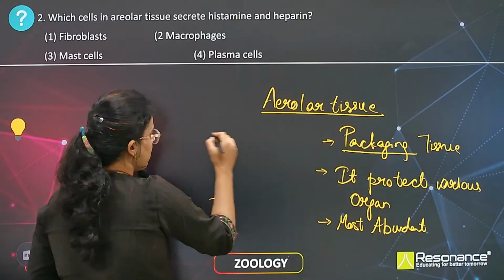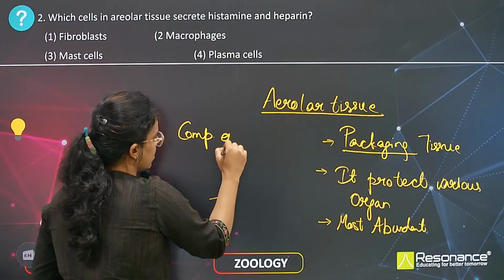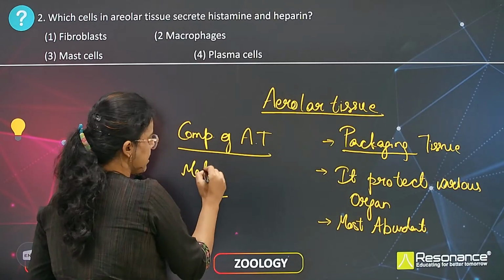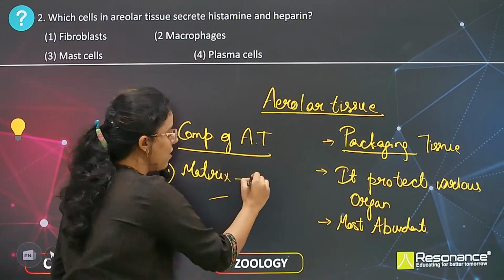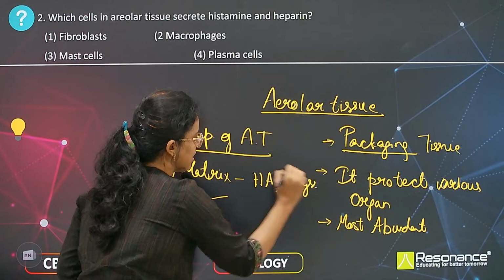Now the components of areolar tissue are matrix, made up of hyaluronic acid and polysaccharides.